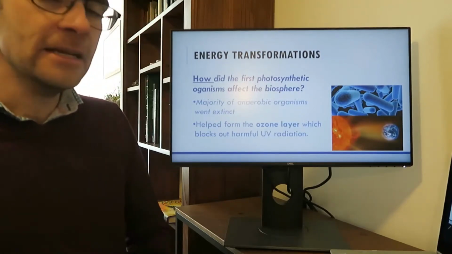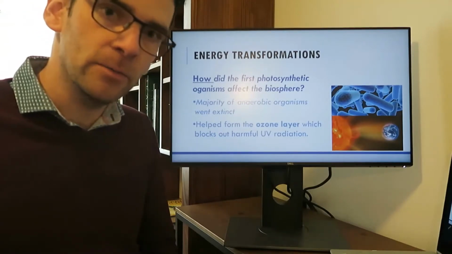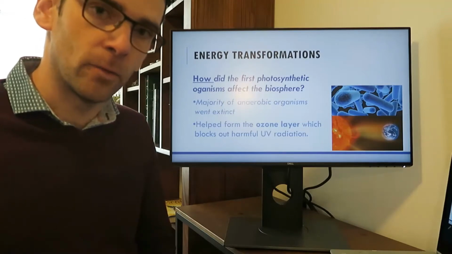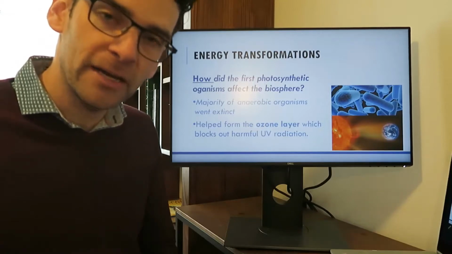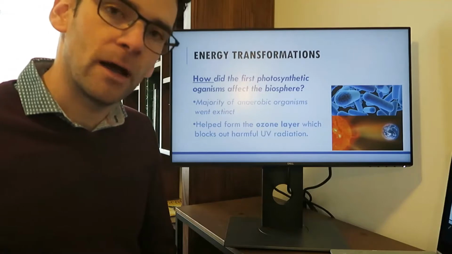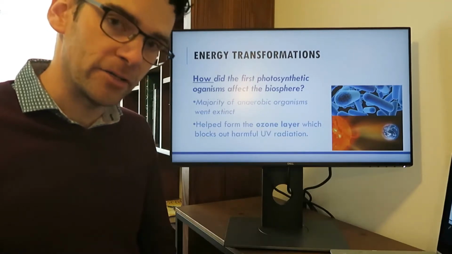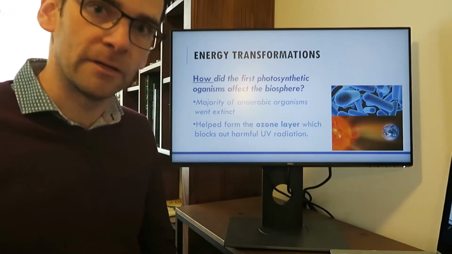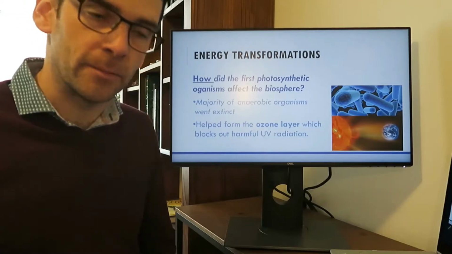Okay. The next big thing that oxygen producing organisms like cyanobacteria did was they indirectly formed the ozone layer. Now the ozone layer, as you might well appreciate, is an important layer because it prevents a lot of the ultraviolet or harmful UV light from reaching the Earth's surface, which is very detrimental, particularly for organisms that wanted to live out of the water, such as us or any other terrestrial plants or animals.